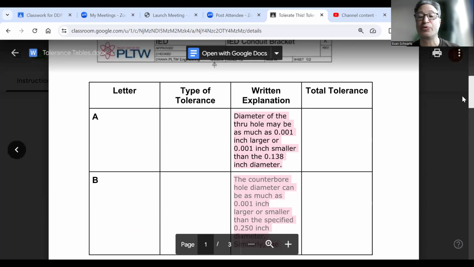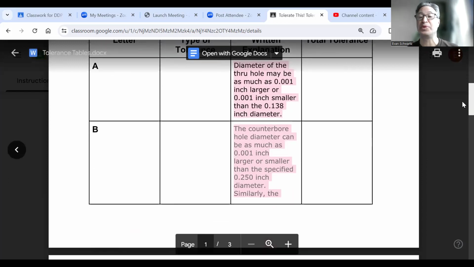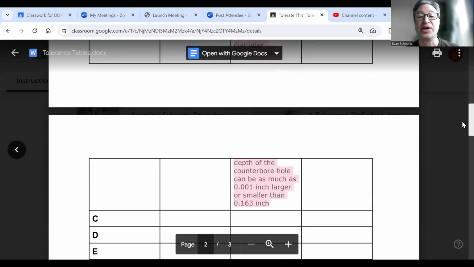Another example of a written explanation, and this is for B: the counterbore hole diameter can be as much as 0.001 inch larger or smaller than the specified 0.250 inch diameter. Similarly, the depth of the counterbore hole, remember that B has both a tolerance for the diameter of the counterbore and a tolerance for the depth of the hole.